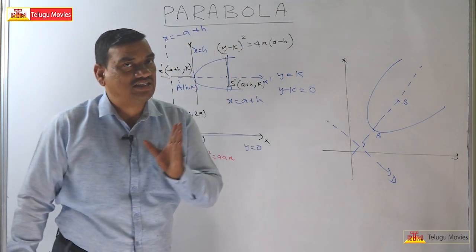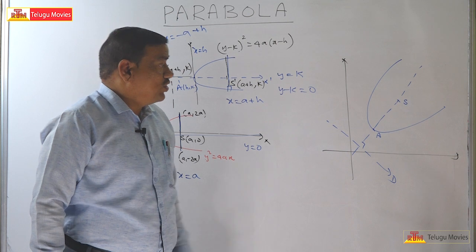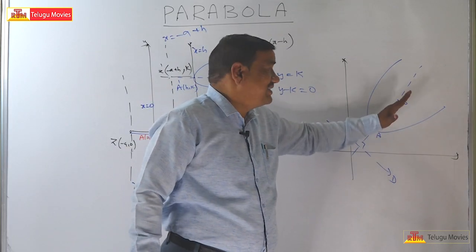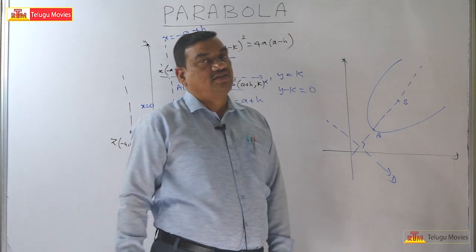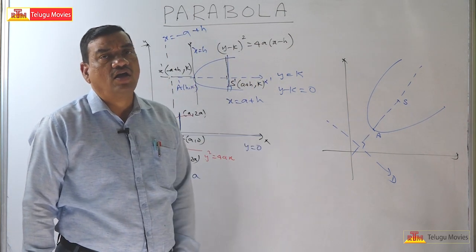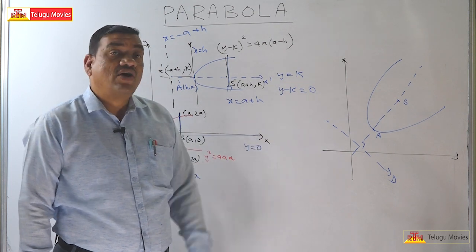This is called the axis of the parabola. If you observe this axis of the parabola, it is neither parallel to the x-axis nor parallel to the y-axis. Then is it not a parabola? Yes, it is also a parabola. Does it not have any equation?